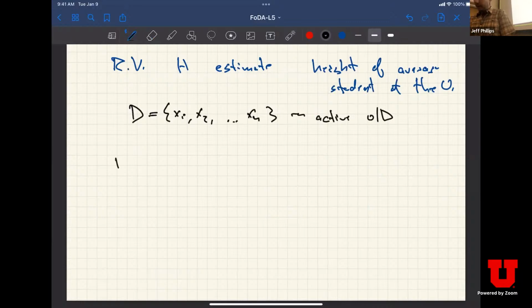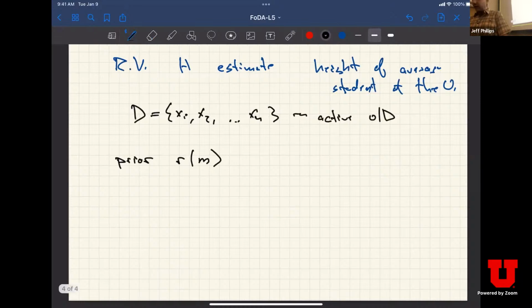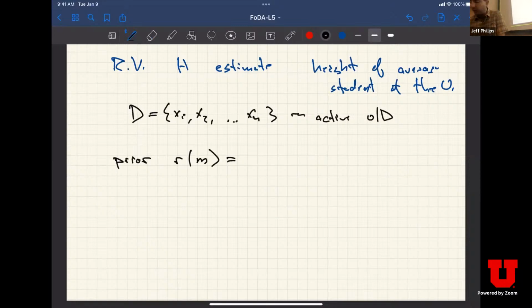But I'm going to also have a prior. We'll call this random variable M, which will be the mean of a distribution, right? And I'm going to say that the prior is going to be a normal distribution, and I'm going to parameterize this by a mean.